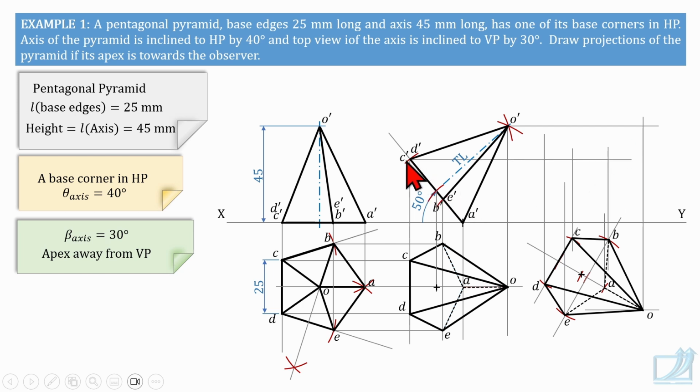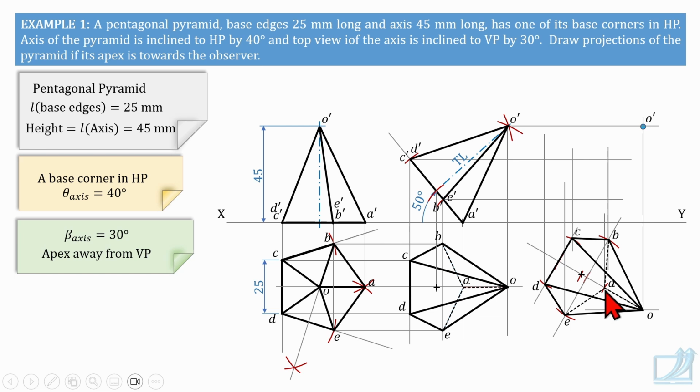Similarly from all these corners, for C and D it will be a single line, from B and E it's a horizontal line, and for point A the XY line itself is the horizontal line. Now vertical line through point O, horizontal line through point O, that is point O here. And since it is front view, use dash.